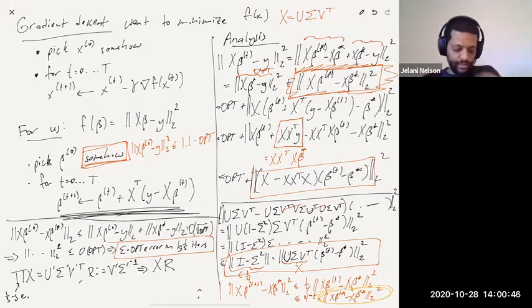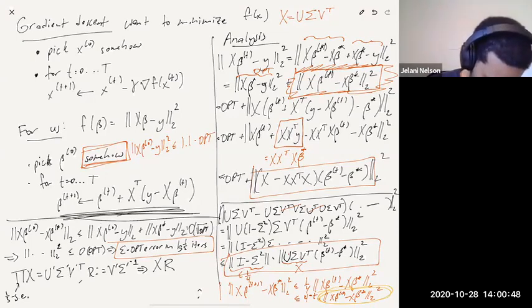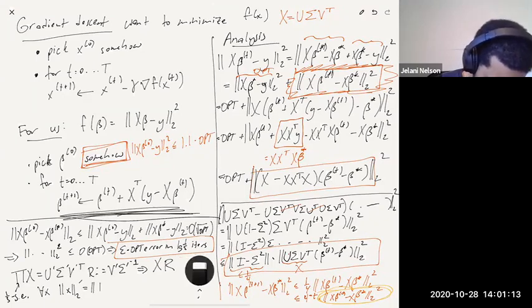So, well, we know that for all vectors z, the norm of z is equal to the norm of Pi XR z.